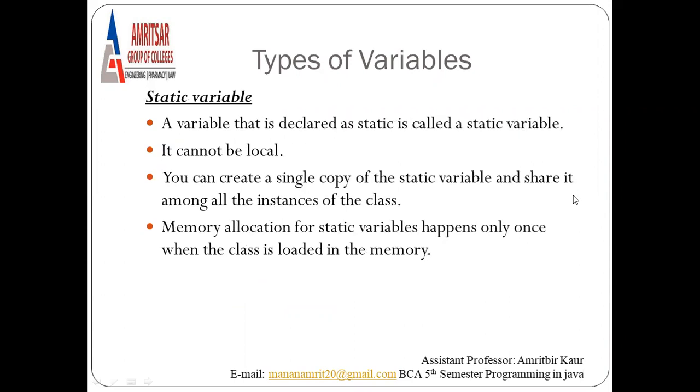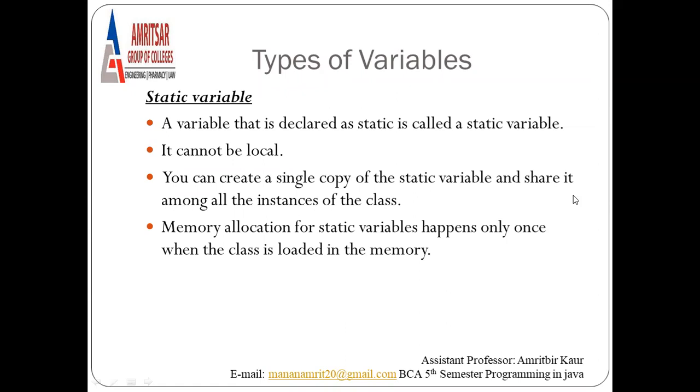Then the last type of variable is the static variable. A variable that is declared as static is called a static variable. It cannot be local. You can create a single copy of a static variable and share it among all the instances of a class. Memory allocation for a static variable happens only once, when the class is loaded into memory.